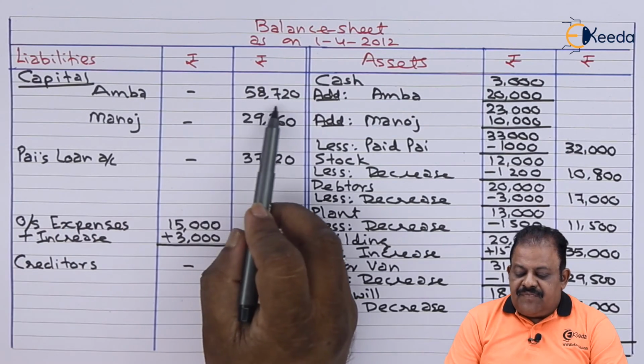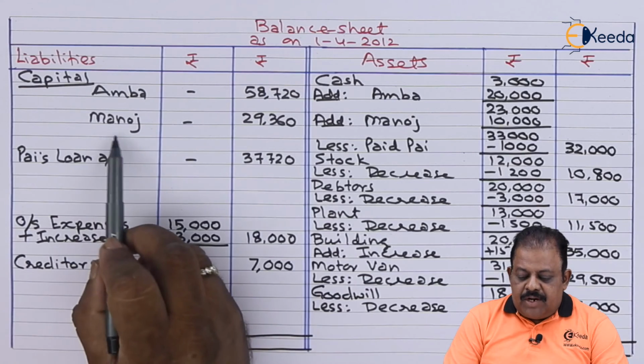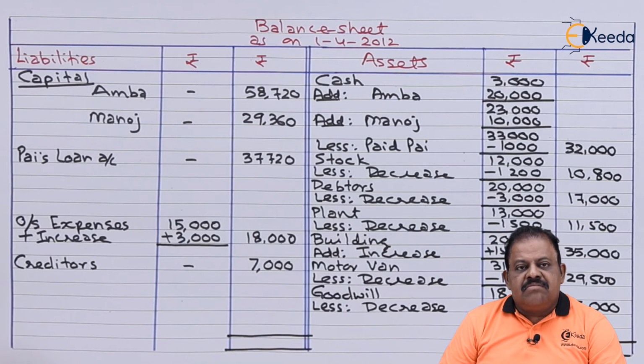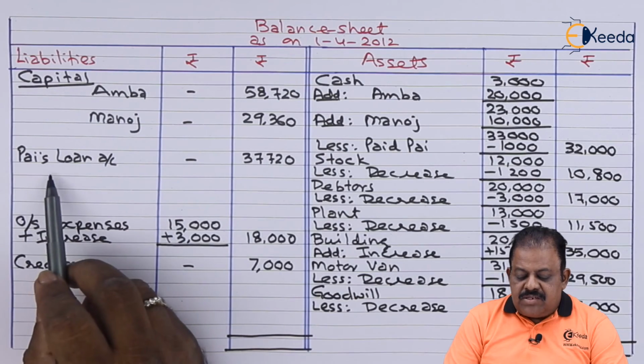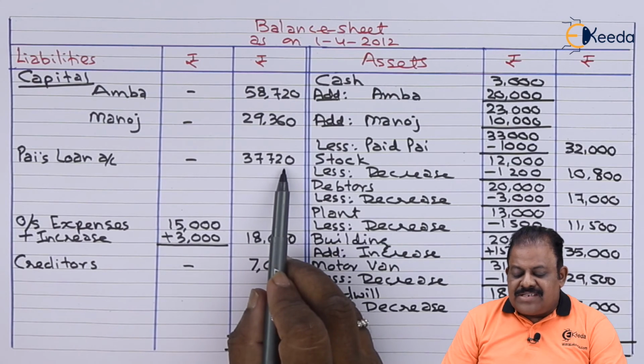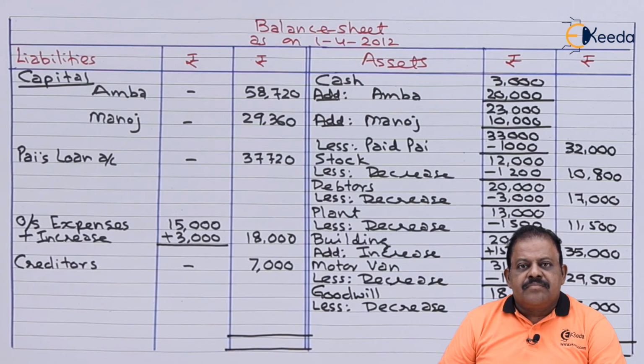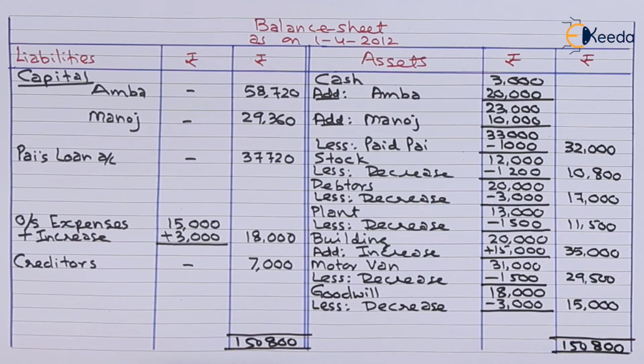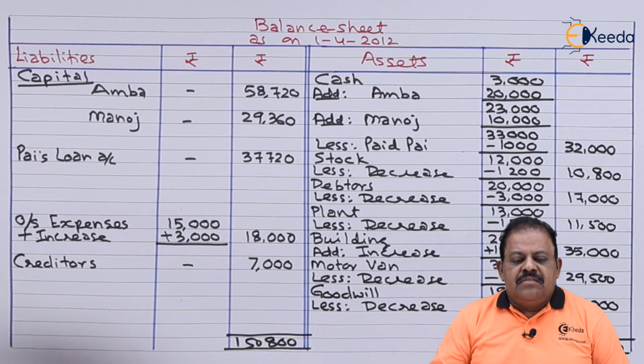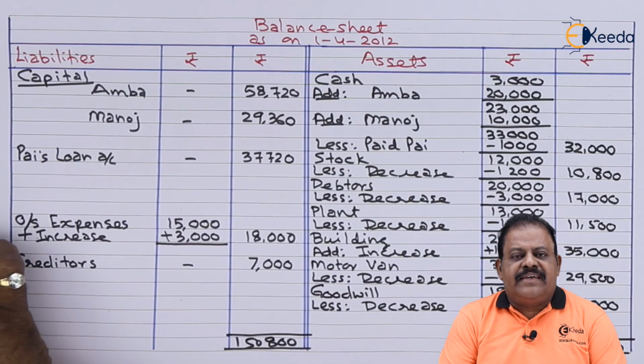Capital of Amba 58,720. Capital of Manoj 29,360. Pai's loan account 37,720. We can close now balance sheet. Balance sheet asset side total is 1,50,800, which is matching with liability side total 1,50,800. That means balance sheet is tallied.